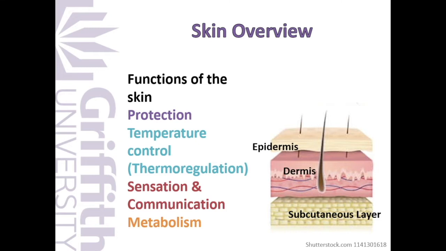Conversely, in colder temperatures, blood vessels will constrict, and that prevents heat loss and maintains a stable body temperature. So sensation and communication is relatively easy to understand, and that's with nerve endings and receptors in our skin responding to things such as pain, touch, cold, heat. And then lastly is metabolism, with vitamin D metabolized with the help of our skin.